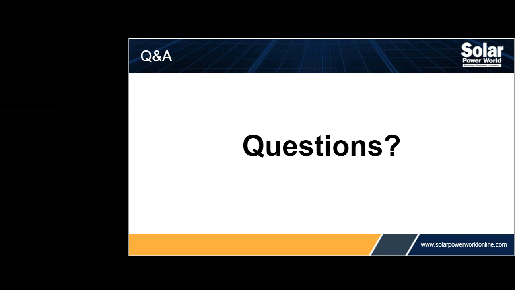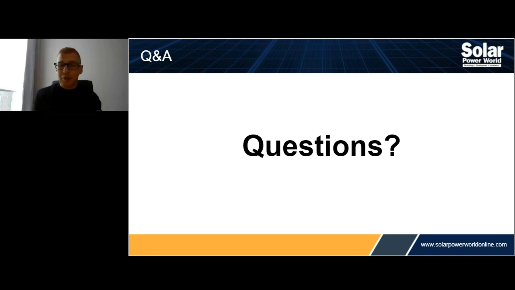Our first question: is collaboration equally crucial for small, medium, and large solar farm projects? Good question. As we mentioned during the presentation, obviously the more people involved in the project, the bigger the importance of collaboration.